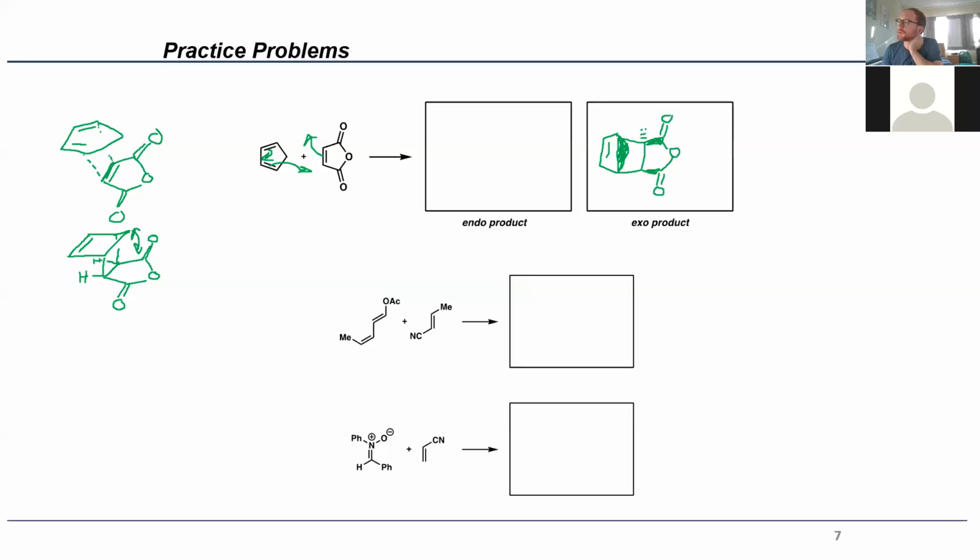And the hydrogens are down. The endo product is going to arise from the endo transition state.